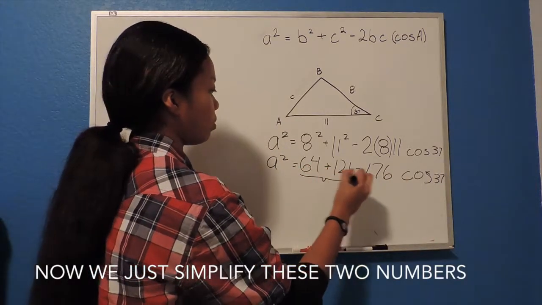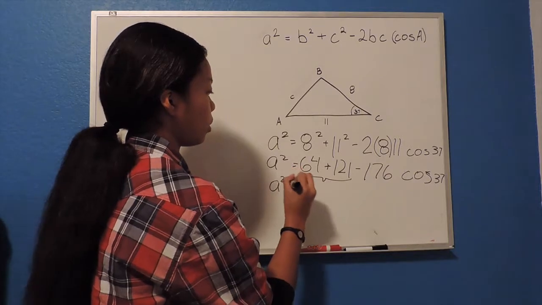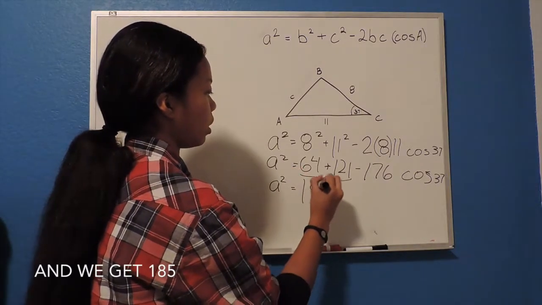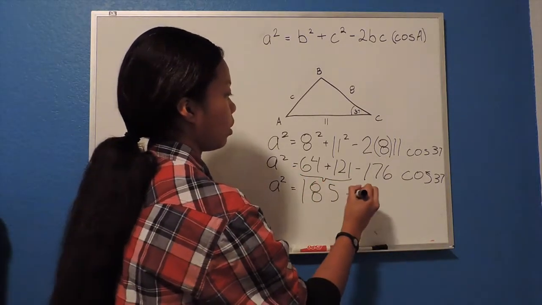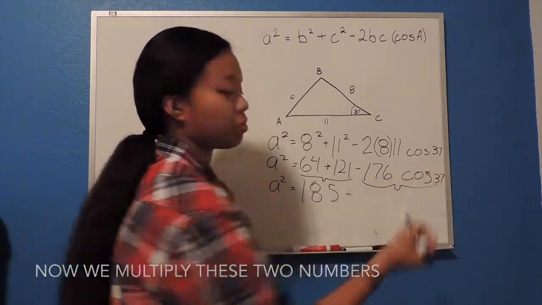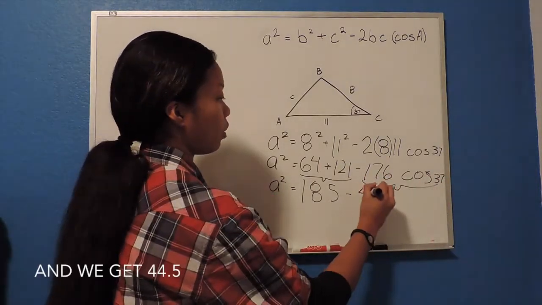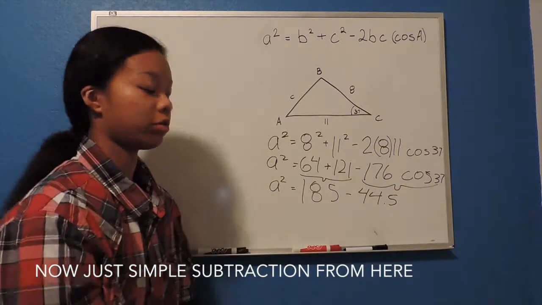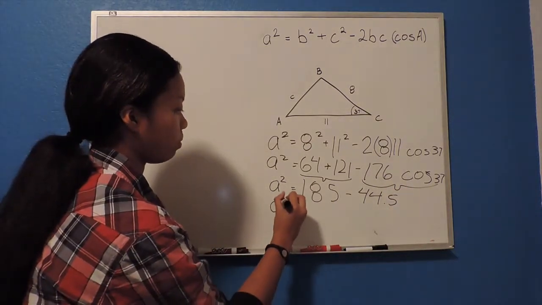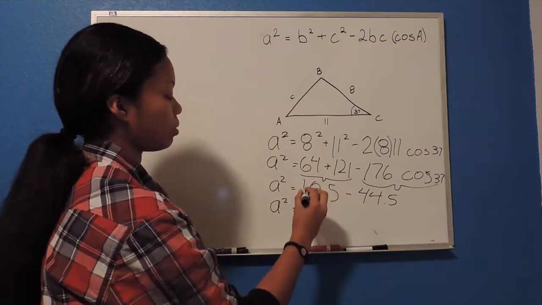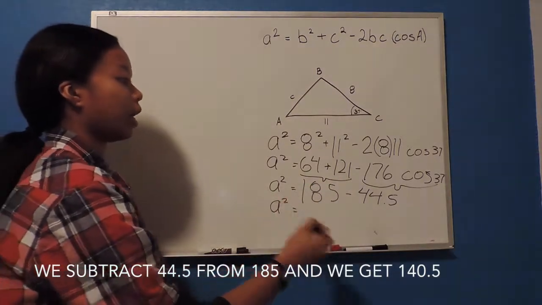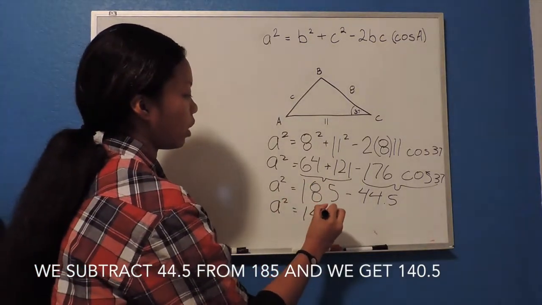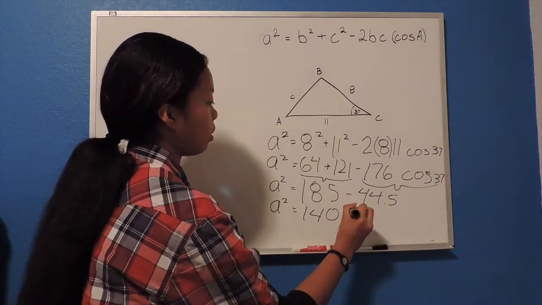Now we just simplify these 2 numbers, and we get 185. Then we multiply these 2 numbers, just put it in our calculator, we get 44.5. Now it's just simple subtraction from here. We subtract 44.5 from 185, and we get 140.5.